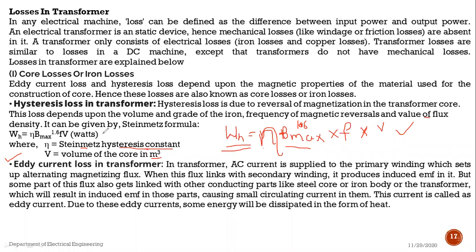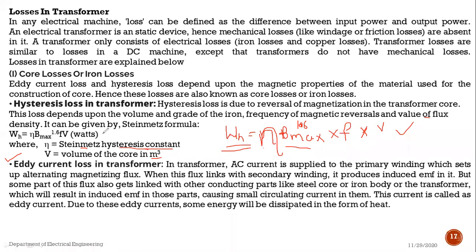According to the mutual induction principle, when this flux links with the secondary winding, due to that linking it will produce an EMF in the secondary coil. त्याच्यामुळे secondary coil मध्ये EMF induce होतो. Now, but some part of this flux also gets linked with the other conducting part of the steel core.